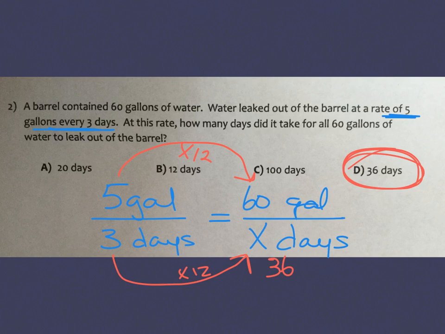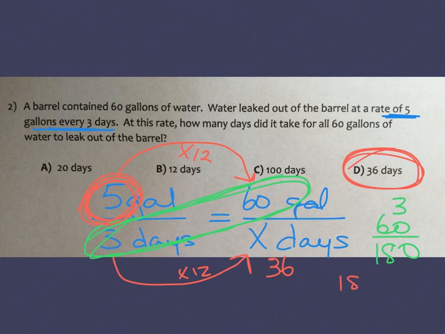But maybe you didn't spot the relationship between 5 and 60, and instead maybe you chose to do cross products. Cross products means I'm multiplying the two numbers that are diagonal from each other. Here it's 3 and 60, so 3 times 60 is 180, and then I have to divide by the remaining number, the 5 that I haven't used.